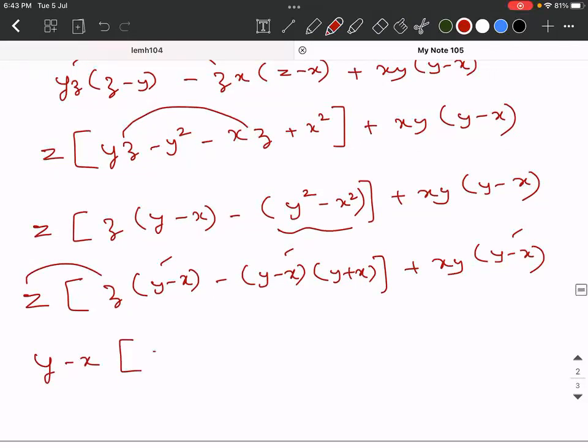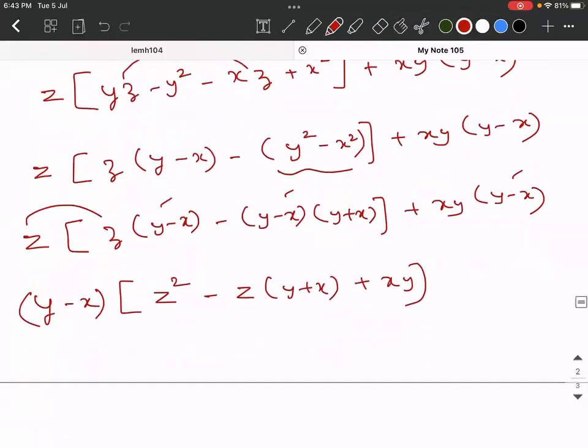So I'll get z square minus z into y plus x plus x square. Okay. So y minus x into z square minus zy minus xz plus xy.